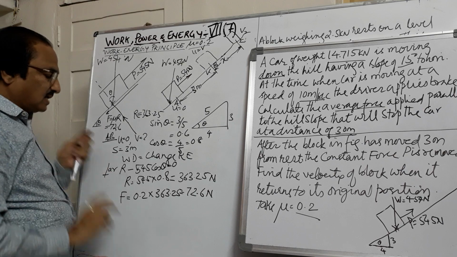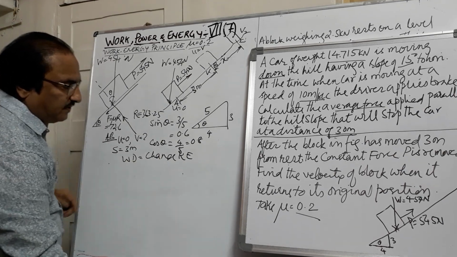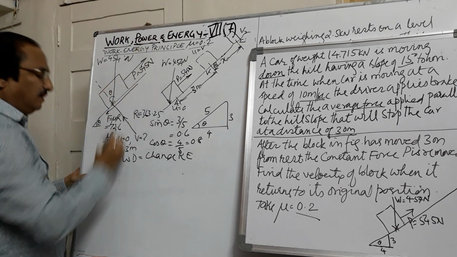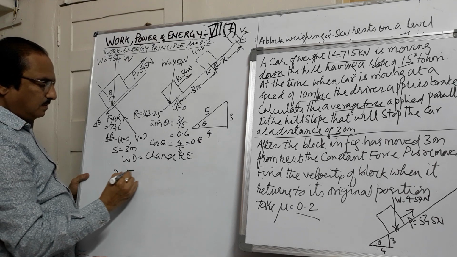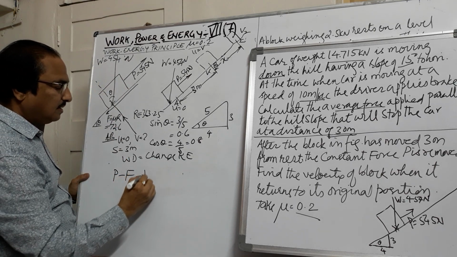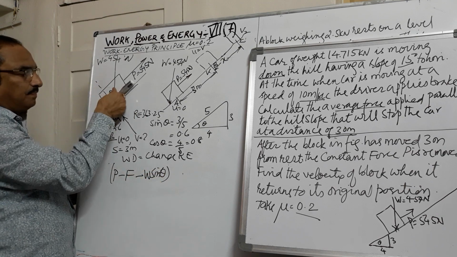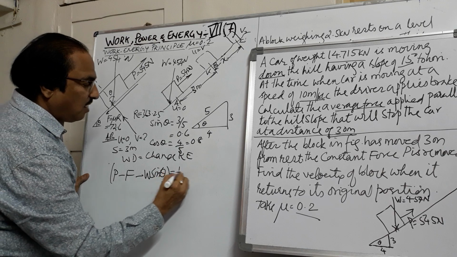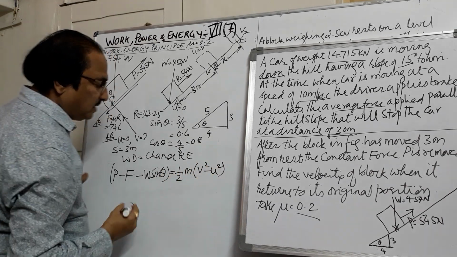Now let us use the work energy principle. Resolving parallel to the plane, P minus F minus W sin theta, because the weight component is directed down the plane, must be equal to half of m into v squared minus u squared.